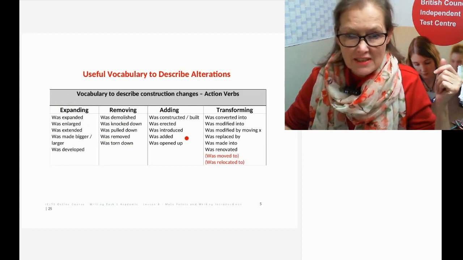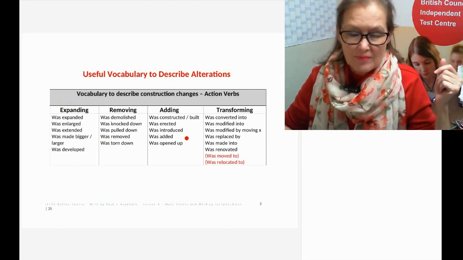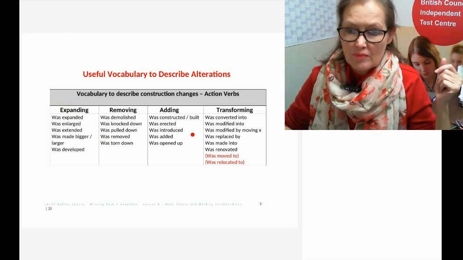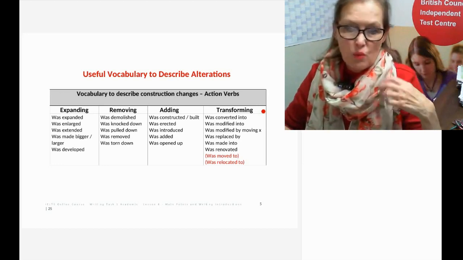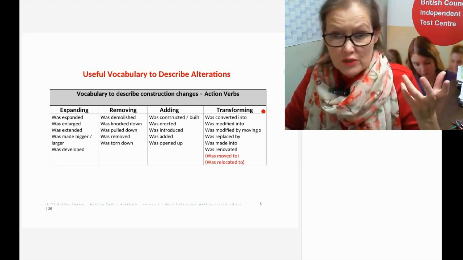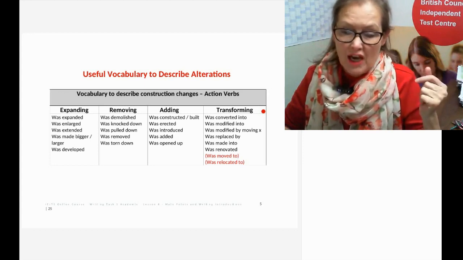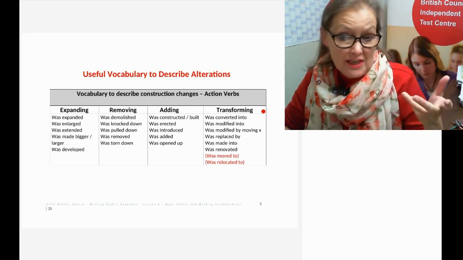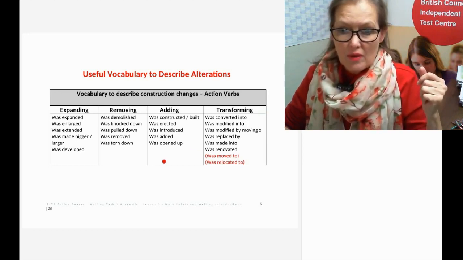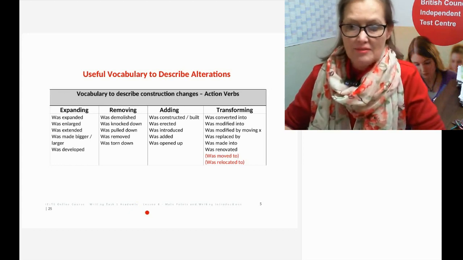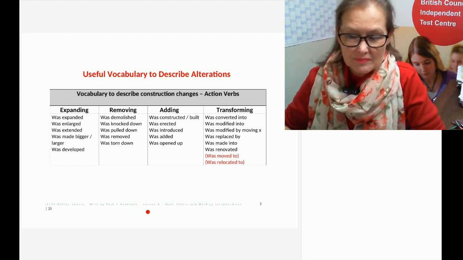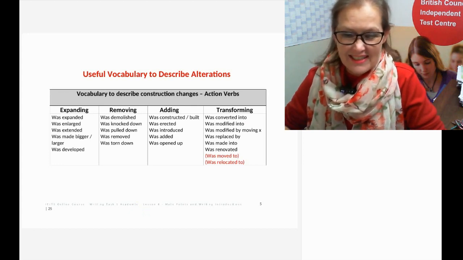We're talking about adding, constructing, adding something new, and then we're talking about transforming, changing the building. So one particular room is converted into another one, or is modified, or perhaps was replaced by. So that sort of language is what you need. If you could just take a screenshot of that. And then we'll move on to the next slide.